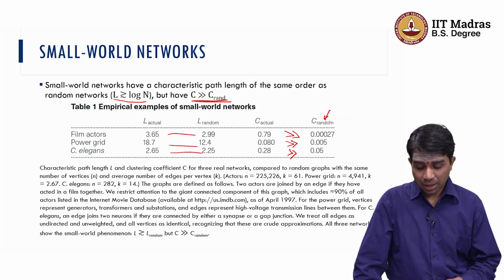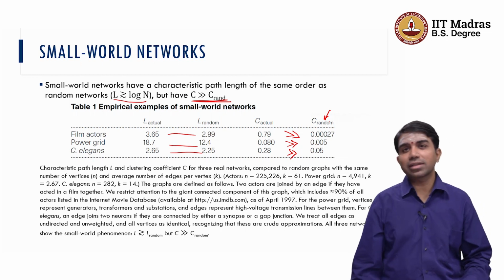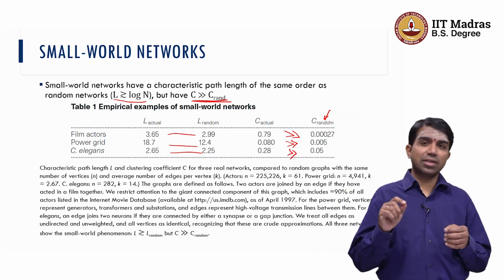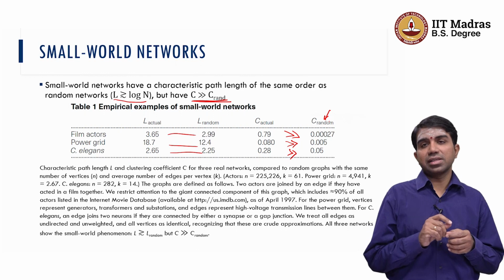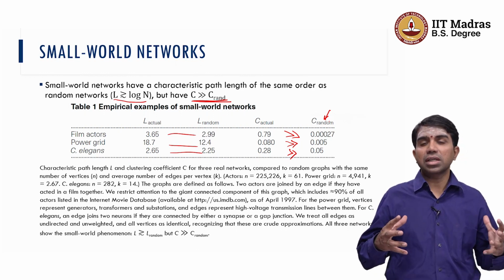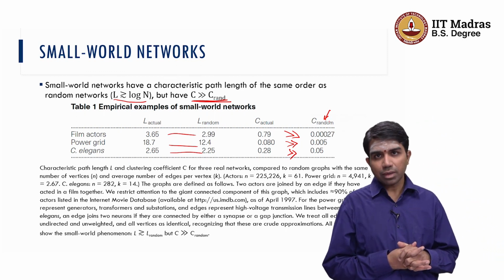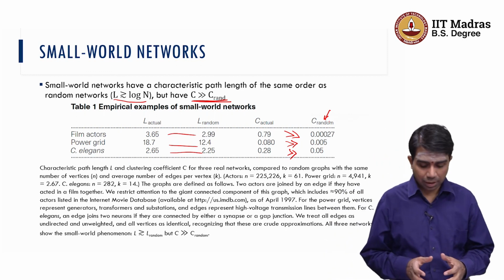Whereas the real network has a clustering coefficient of 0.8. So, if A has acted with B and B has acted with C, there is an 80% probability that A has acted with C. That is how clustered these film actor networks are. I hope you are getting this point.